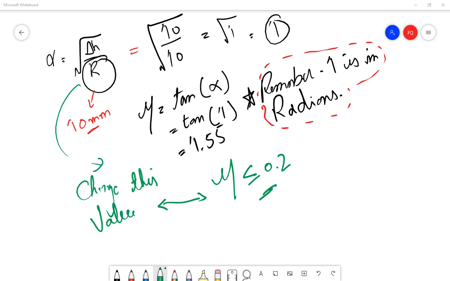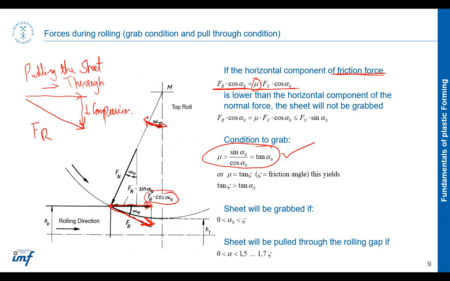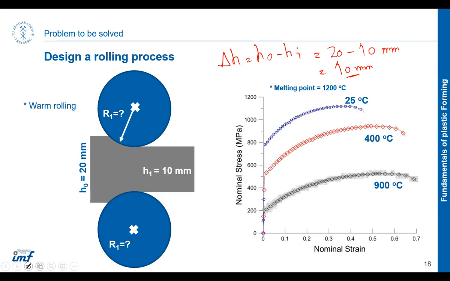Until now, what I would like to do is ask a question if the problem was clear. The problem which is stated here, that what we want to do is calculate the roll radius. Okay, most of the students say that it is clear.